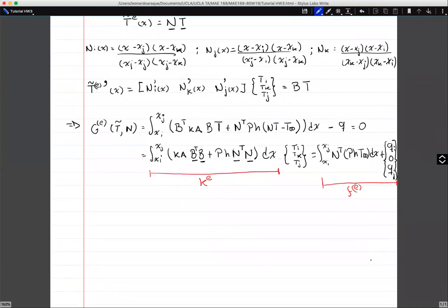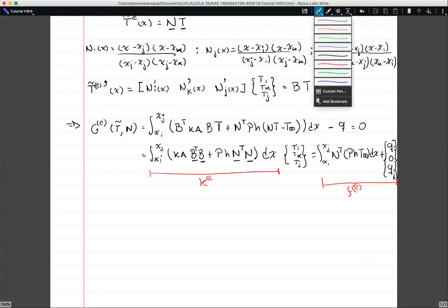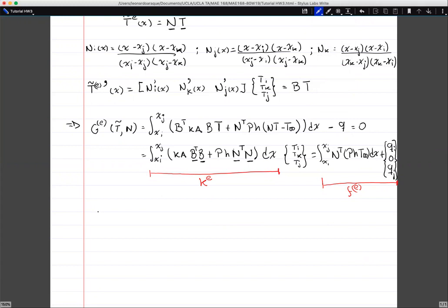All right. So now for our element with 3 nodes, nodes i, k, j, this is for the general element. We need to be more specific in our problem.